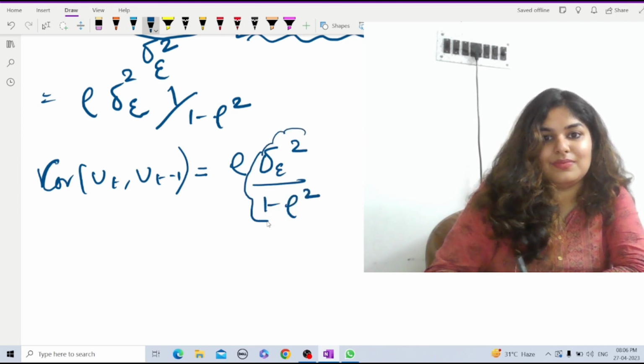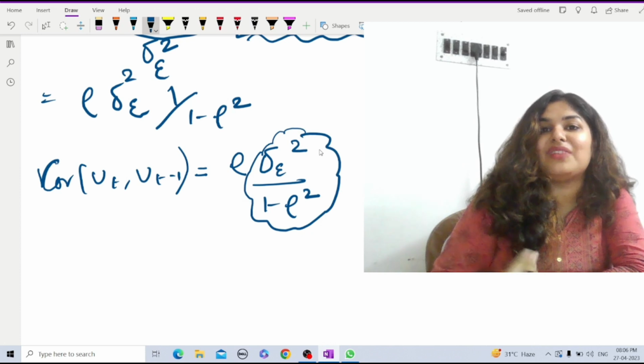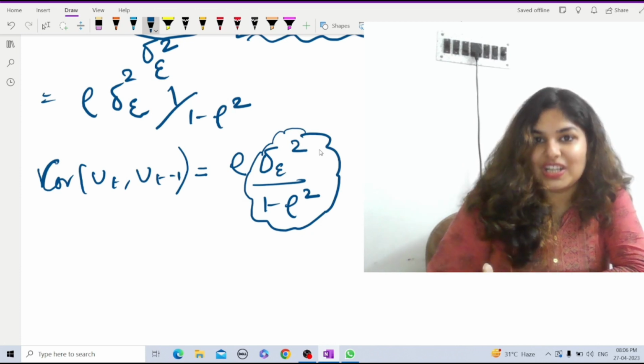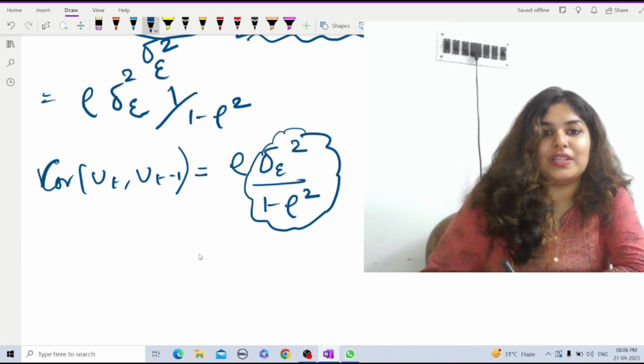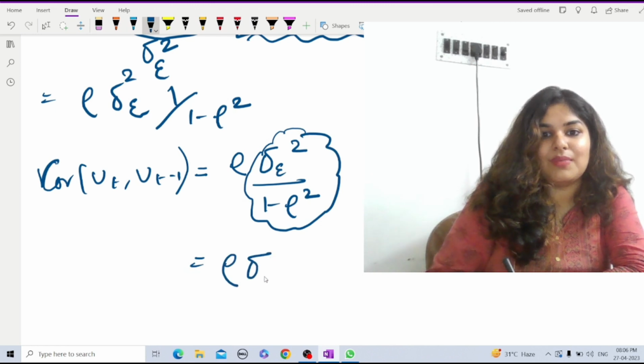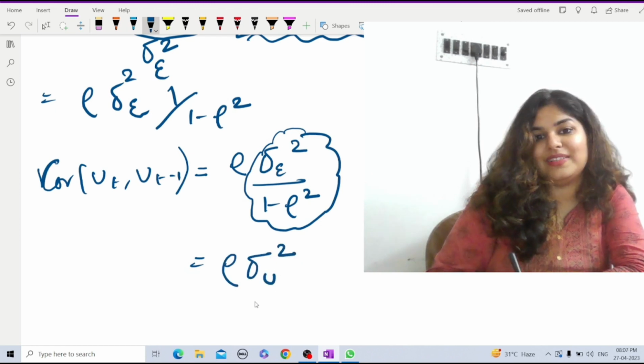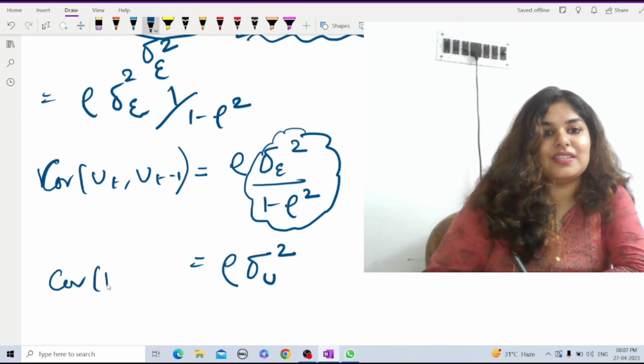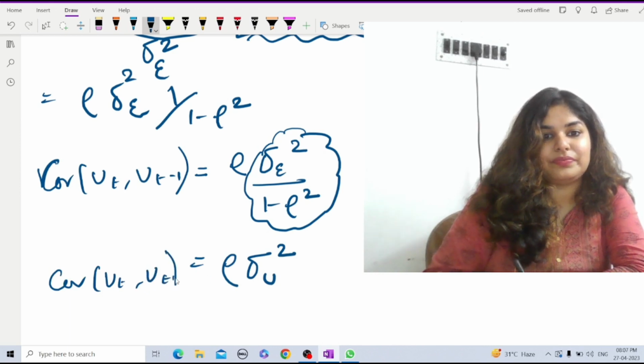Now this term, if we recall, is nothing but the variance of the random disturbance when it is autocorrelated. So this is rho into sigma u squared basically. This is the value which is not equal to 0, of course.